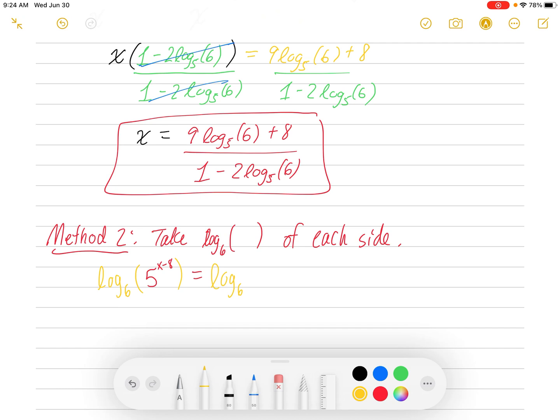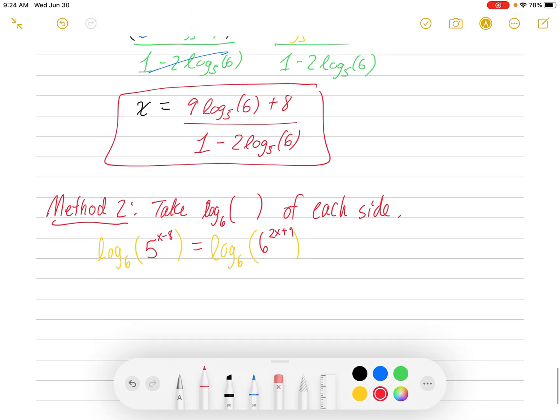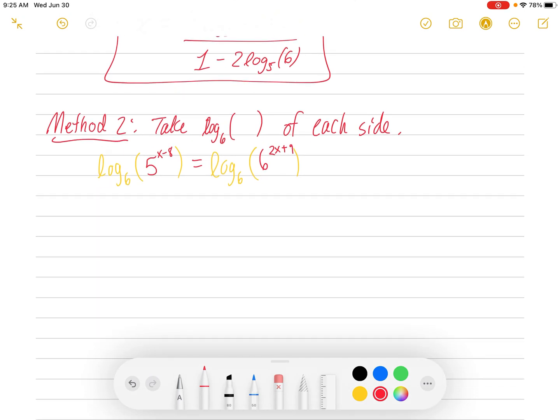So if I take the log base 6 of each side, I have log base 6 of 5 to the x minus 8 equal to log base 6 of 6 to the 2x plus 9.